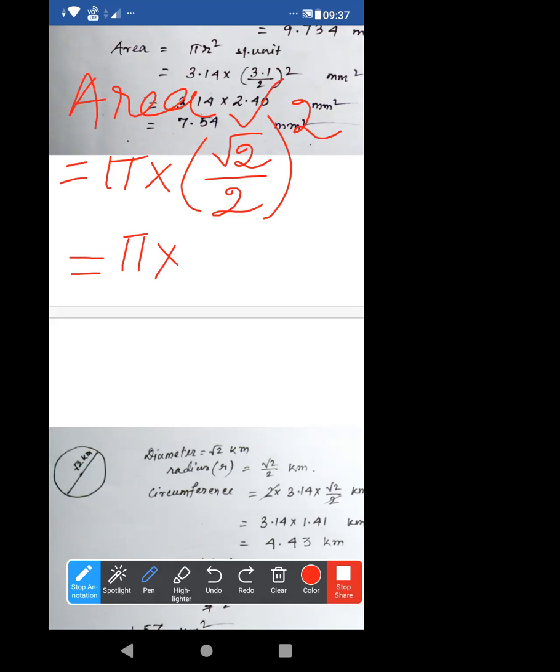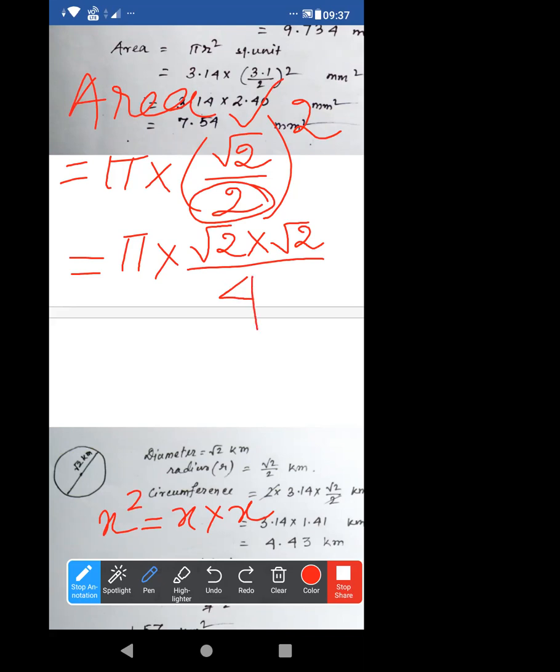Root 2 square means, suppose I told you x square, that means x into x, yes or no? So root 2 square means we can easily write root 2 into root 2. And in the denominator, 2 square means 2 into 2, that is 4.